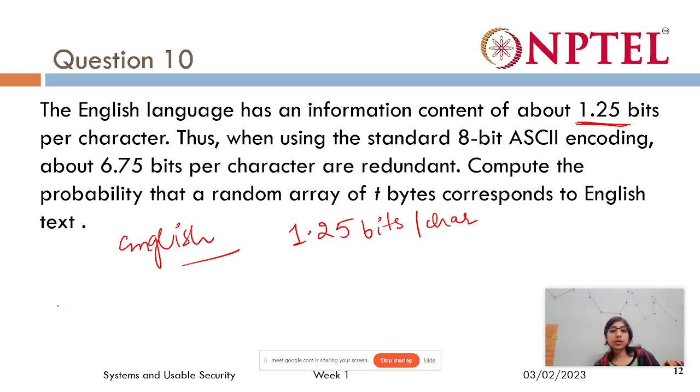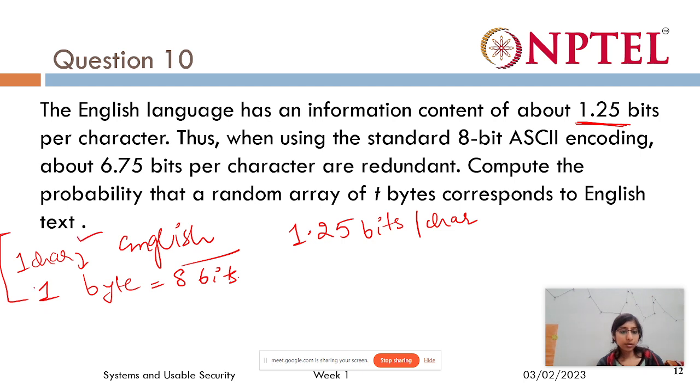We want to compute... also we know one character will occupy 1 byte and 1 byte will take up 8 bits, right? These are two pieces of information that we know already.